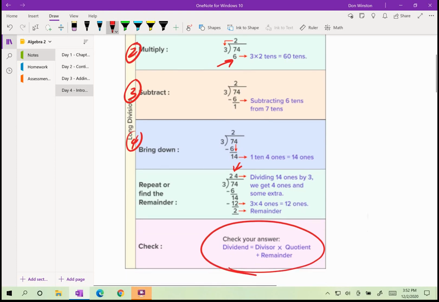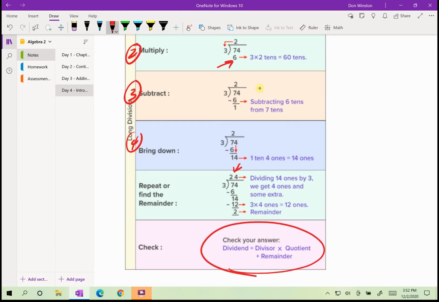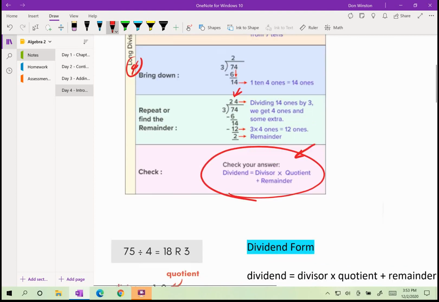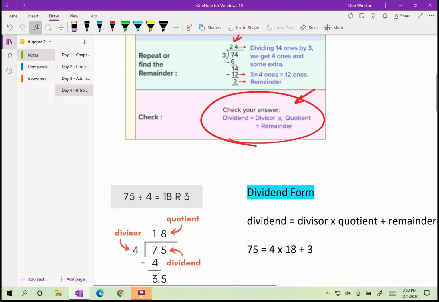Okay, one good check is, and I like this, and we're going to use this so much tomorrow, check your answers. The dividend, the number underneath there, should equal the divisor times the quotient plus the remainder. Let's check using the dividend.